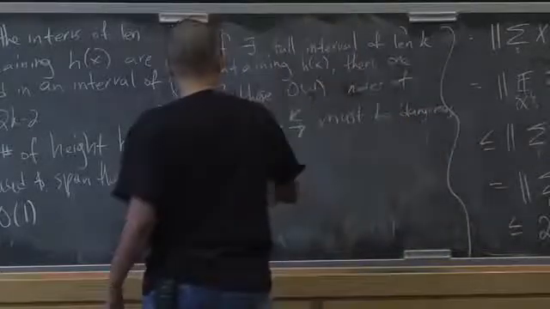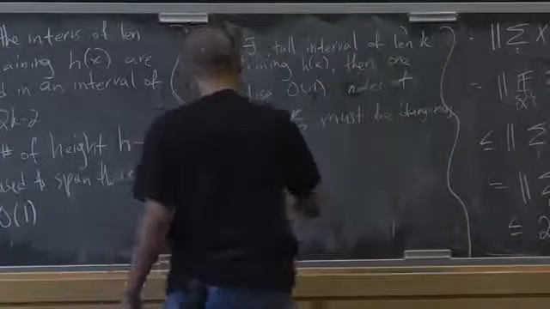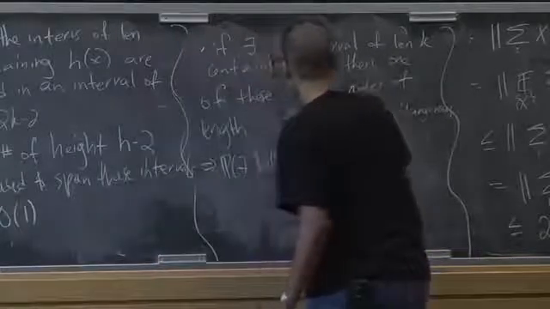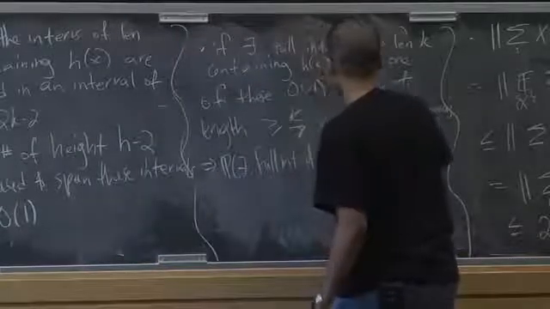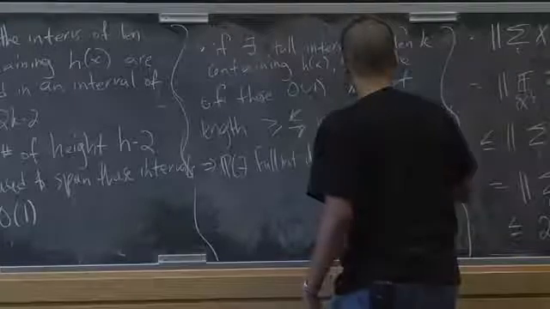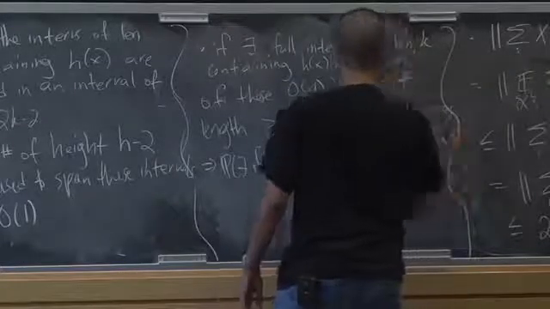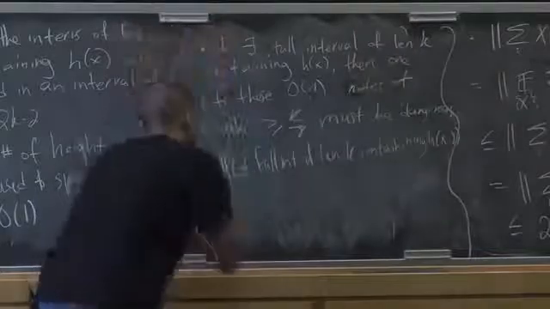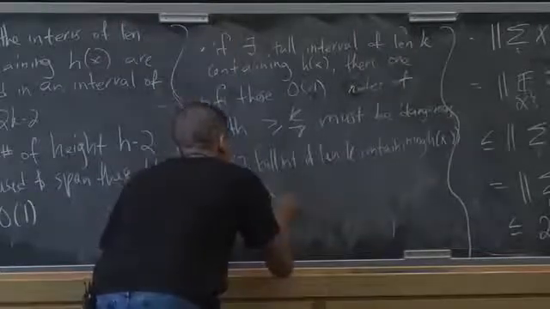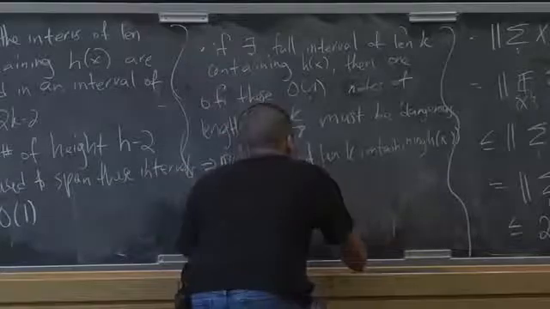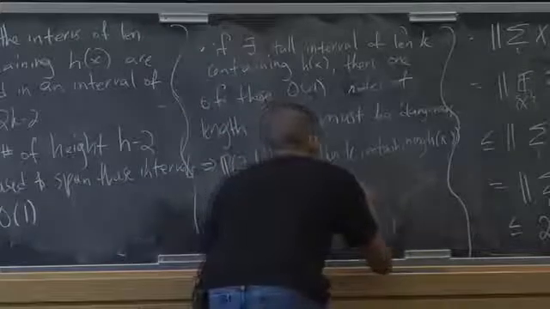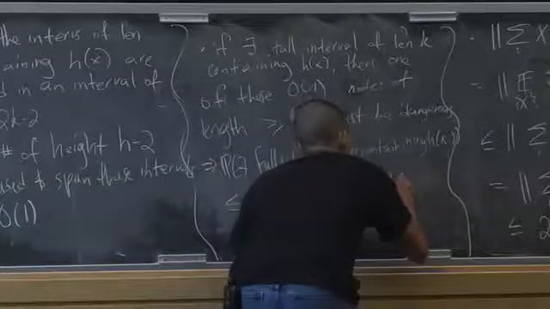That implies that the probability that there exists a full interval of length k containing h of x is at most O of 1 times the probability that some length k over 8 interval is dangerous.